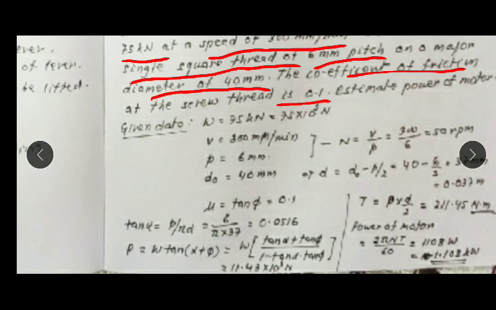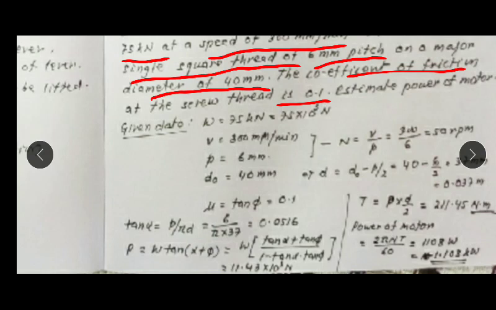By using the relation, the force required at the circumference of the screw P equal to W tan of alpha plus phi, because it is to lift the load, that is the motor is in clockwise direction. W tan of alpha plus phi. By expanding tan of alpha plus phi, that will become tan alpha plus tan phi upon 1 minus tan alpha into tan phi.